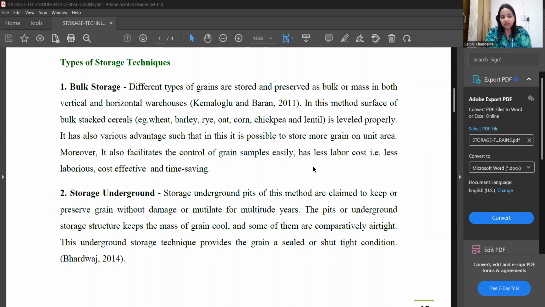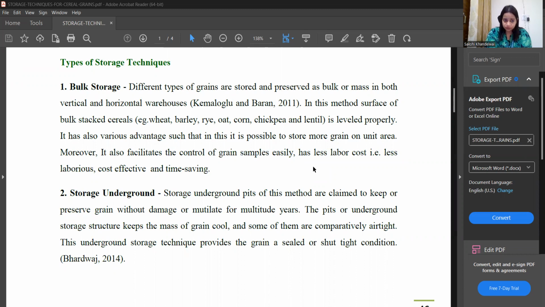What it is saying is we store different types of grains and preserve them in bulk, in both vertical and horizontal warehouses, where we store our grains, cereals and millets.